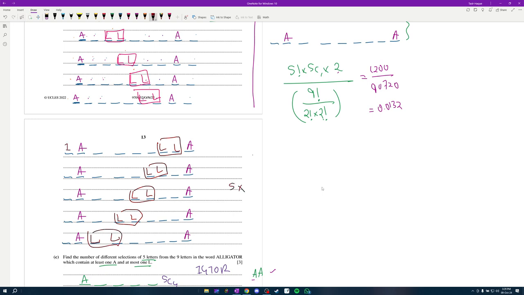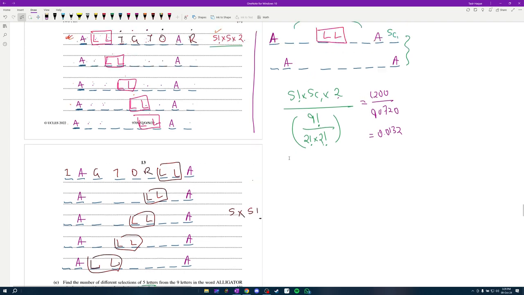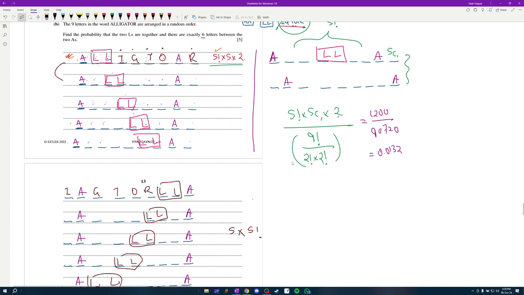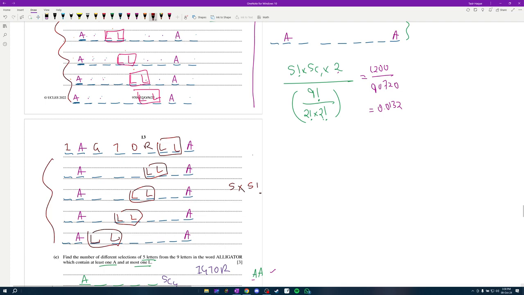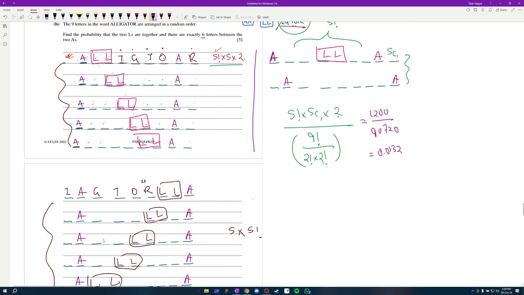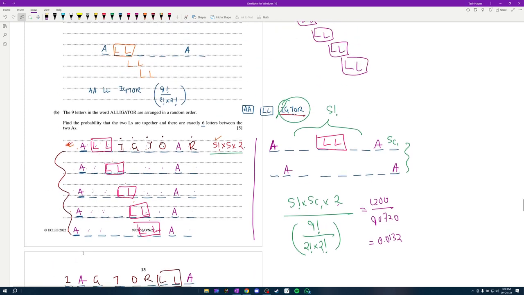For IGTOR, it's 5 factorial. And why do I multiply by 2? Same thing, 5 into 5 factorial, but it's into 2 because the A's have 2 positions. So this is the number of arrangements where the A's are at the ends, the A's have 6 letters in between them, and the L's are together.